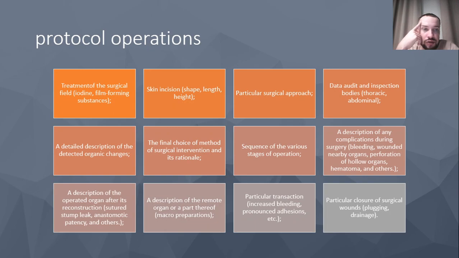They need to write a treatment of the surgical field, skin incision, particular surgical approach, data audit and inspection of the body, a detailed description of the detected organ change, the final choice of method of surgical intervention and its sequence of the various stages of operation, a description of any complication during surgery, a description of the operated organ after its reconstruction, a description of the removed organ or a part thereof, particular transaction, particular closure of surgical wounds.